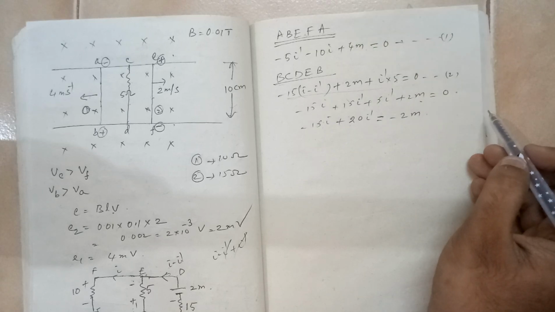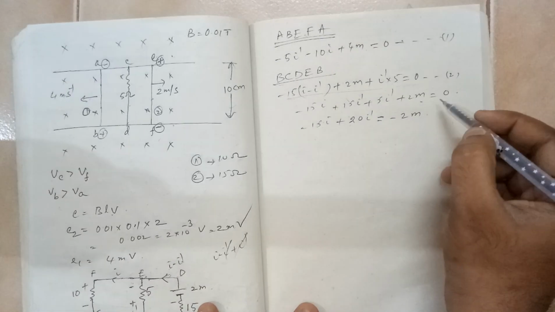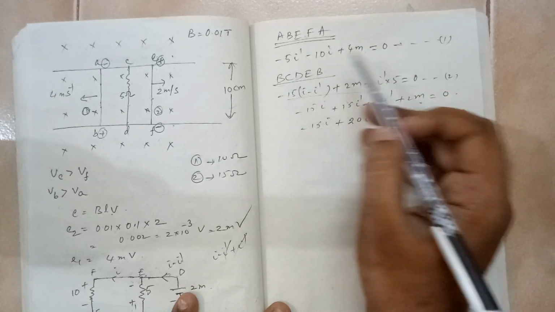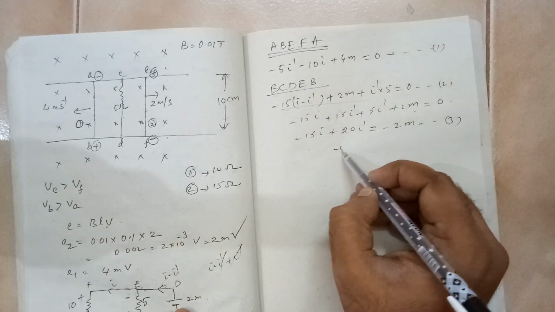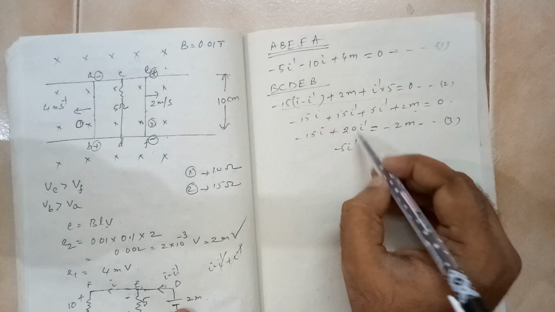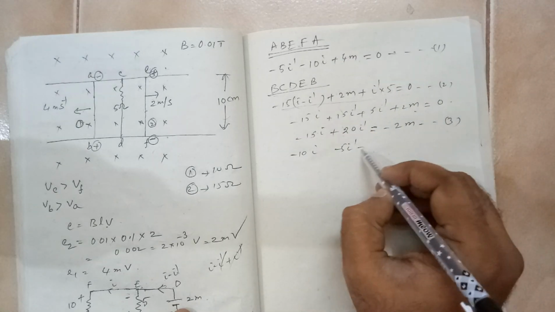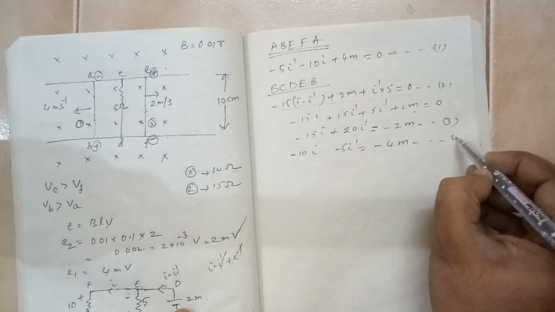Let us call this equation 3. When we simplify equation 1, we get minus 5I dash minus 10I, and this 4m goes to the other side, it becomes minus 4m. This is equation 4.